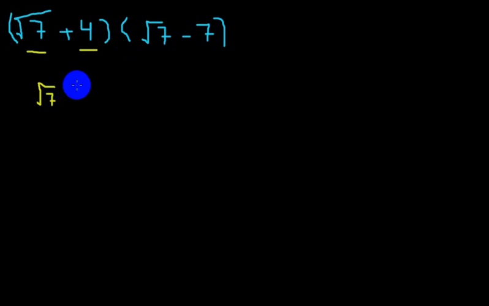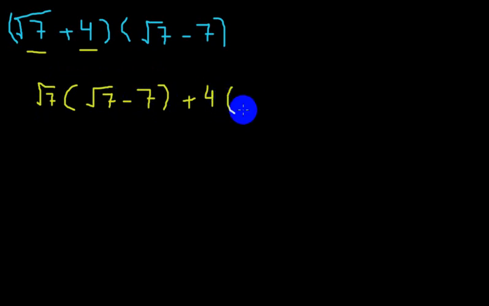Okay, so now I write square root of 7 times square root of 7 minus 7. I'm going to multiply the first term with the second bracket, and then I'll multiply the second term of the first bracket, which is 4, with this second bracket. So 4 into square root of 7 and then minus 7. Now let's multiply them.